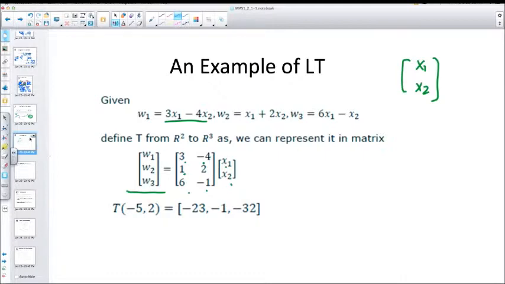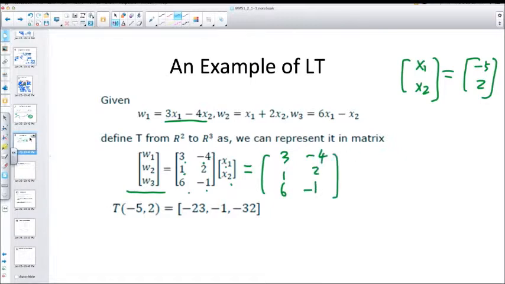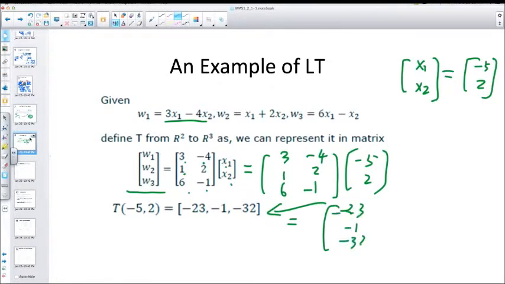So how do you use it? If I give you x1, x2 equals negative 5, 2, then you multiply this matrix 3, 1, 6, negative 4, 2, negative 1, and when you multiply, you get this number. Or you can write it as a column: negative 23, negative 1, negative 32.